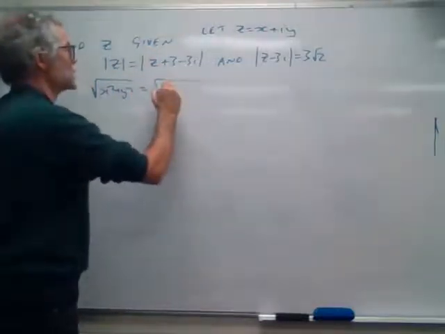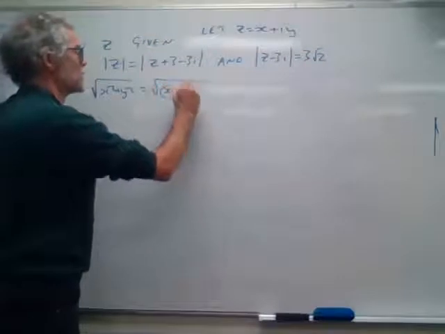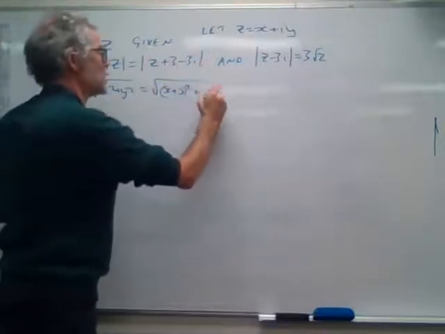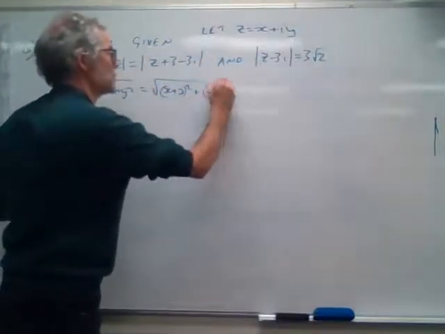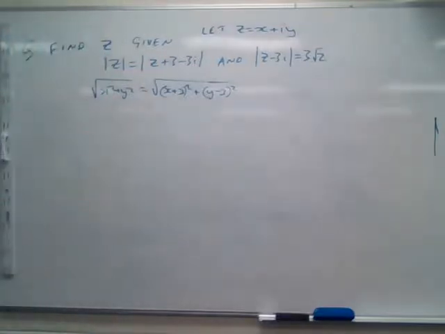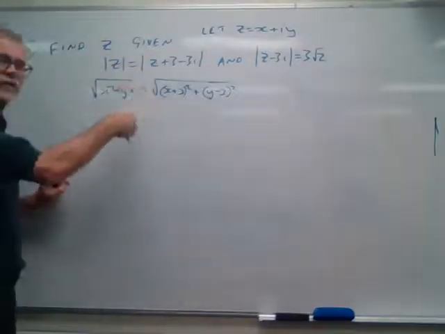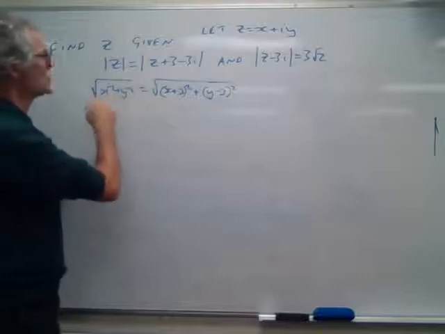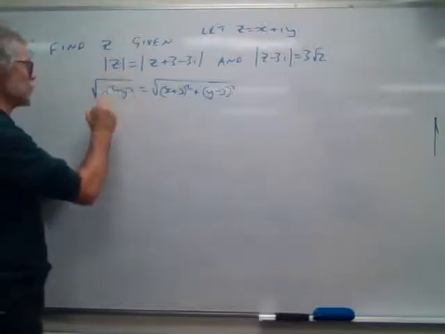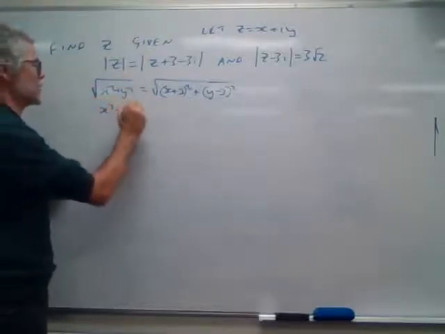Okay, we've got this, the modulus, well, that is the square root of x squared plus y squared. That equals the square root, now the real part is x plus 3 squared, and the imaginary part is y minus 3. We did one of these already, but I'll keep going and see what we end up with. That's interesting, isn't it? Anyway, we'll just square both sides and expand the brackets.